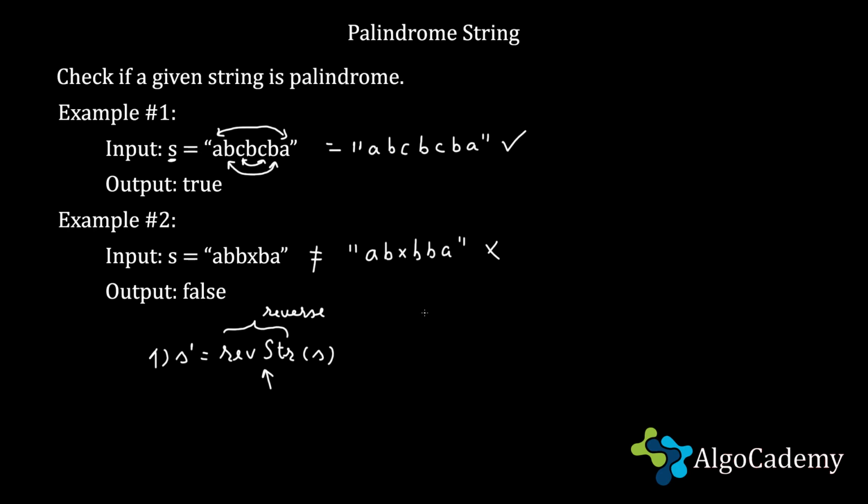Because when we have a function, reverse string, and our argument is a string, let's call it s, and this function is going to change our string and return it in the end, what's going to happen is that our original s in the main algorithm, this one, is not going to be the same object as the s here, right?